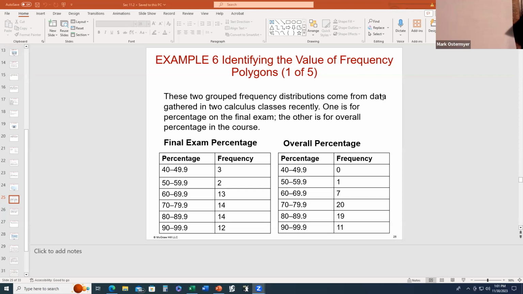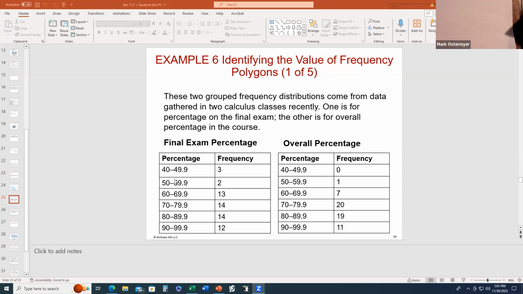You would suspect that if a student has a high overall percentage for a course grade, their final exam grade would be in tune with that, and they would also score well in the final exam, and vice versa. Let's see if that's the case here.